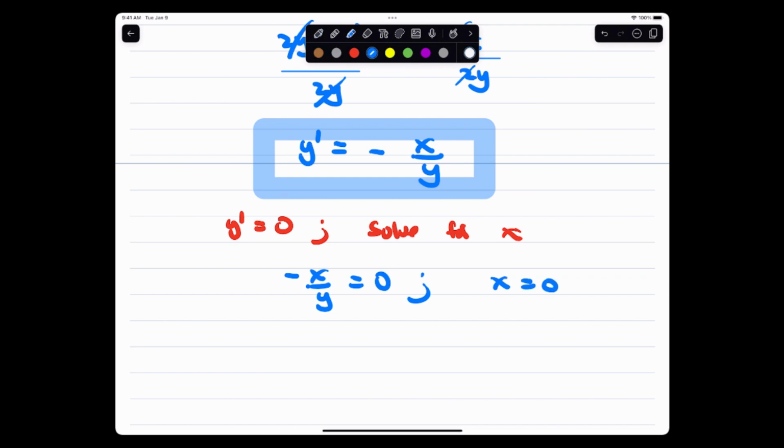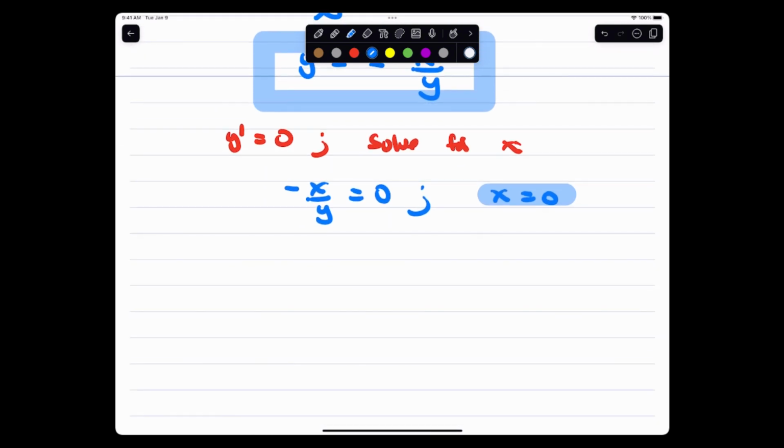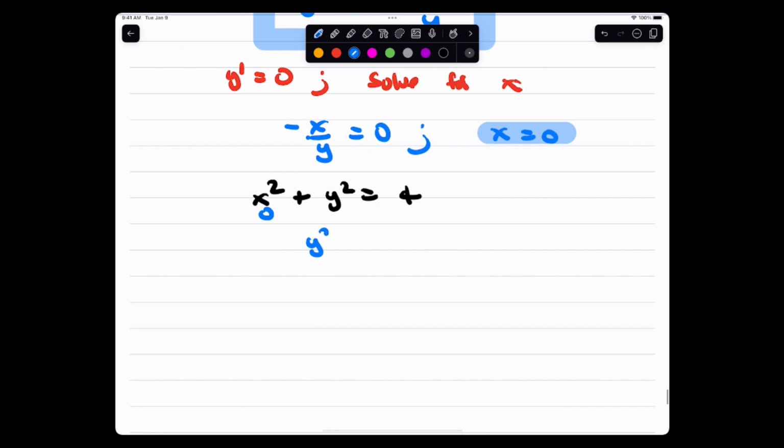Okay, so you can do the analysis. You find the location, find x is 0. You say, well, how do I get y? Well, isn't x squared plus y squared equal to what? 4. So if you plug in x is 0, isn't that 0 squared? What does that mean? That means y squared is 4, or y is plus or minus the square root of 4, which gives you y is plus or minus what? 2.